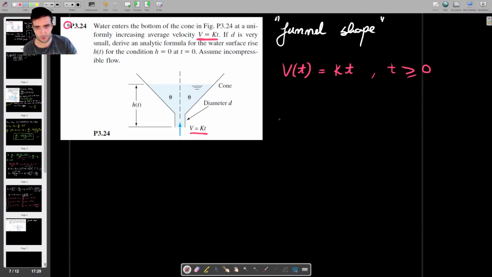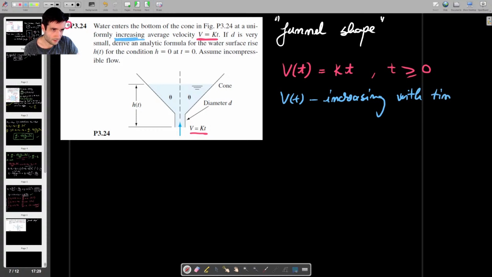The question does say it specifically: it says that it's increasing average velocity. So v is increasing with time, which implies that k is a positive constant.